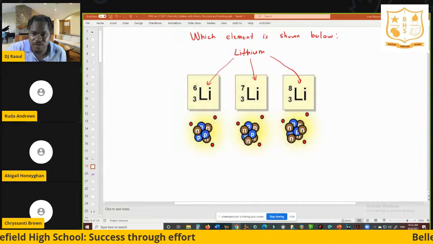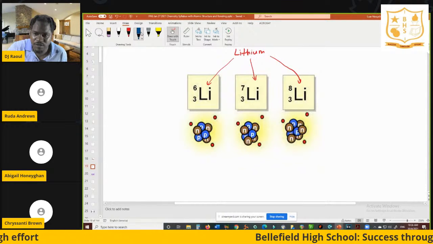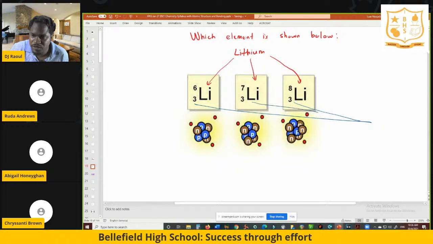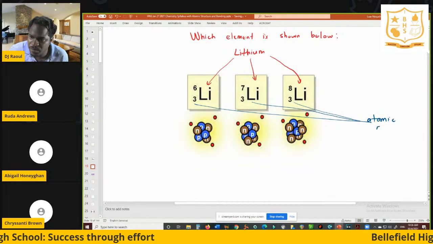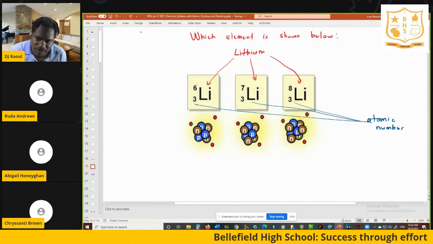So let's use a different color to illustrate that. All of these here are the same. All of this is the atomic number. And what was the definition for the atomic number?